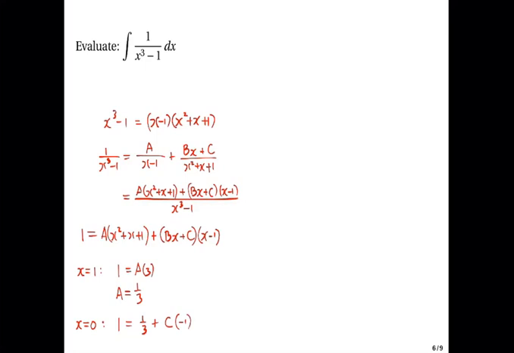For this expression, we solve for c. We bring c to this side and 1 to the other side so that we get c equals 1/3 minus 1, which is equal to negative 2/3. Okay?